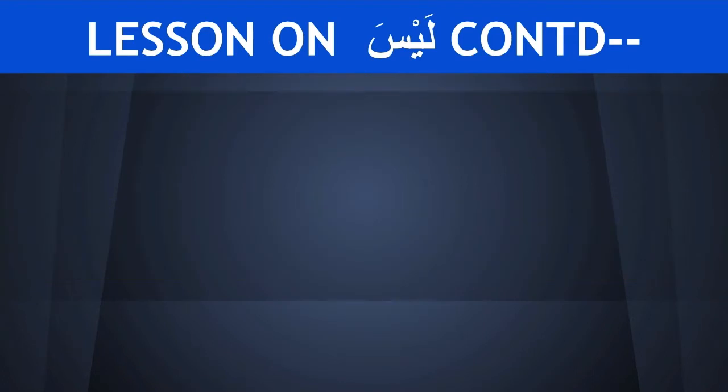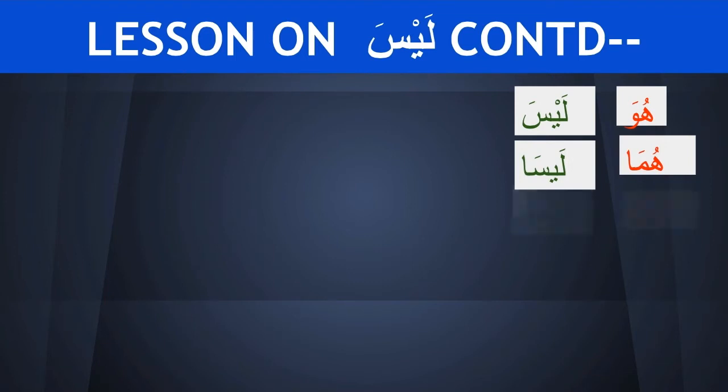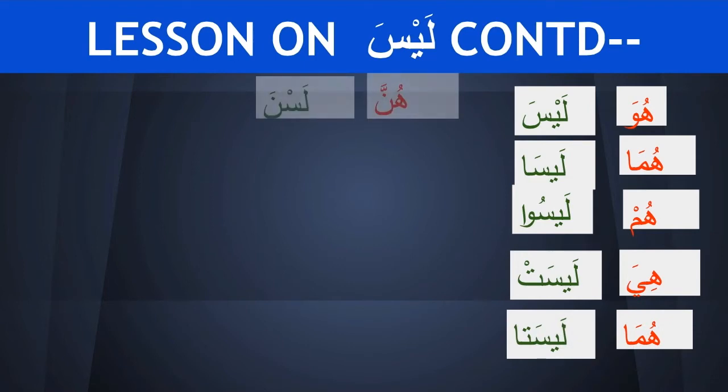So we're going to go to our conjugation just before we go to our main lesson, so we get a good practice. So huwa laysa, huma laysa, hum laysu, hiya laysat, huma laysata. So from hunna we know that it becomes lasna.